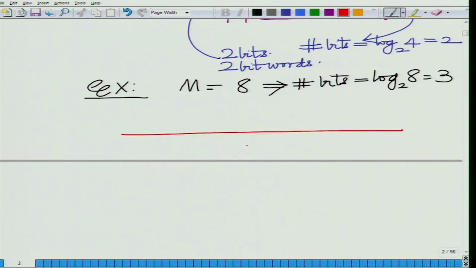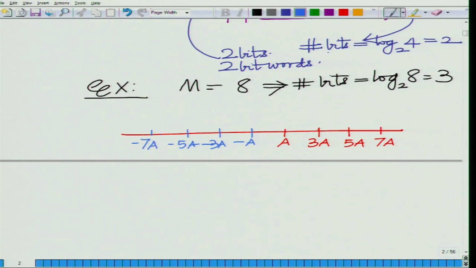If you look at the M levels, these are equispaced: A, 3A, 5A. So we are generalizing this concept from A and minus A, allowing M possible levels up to minus 7A.